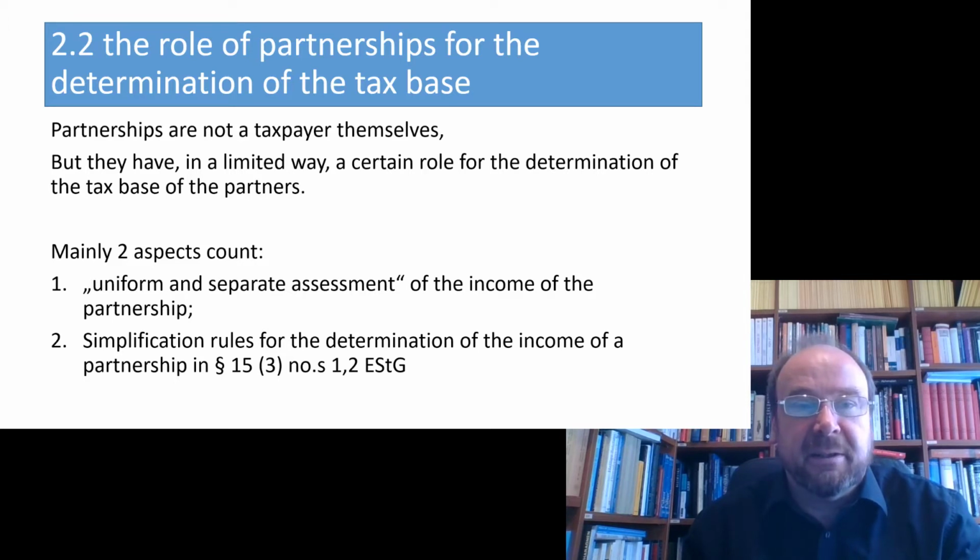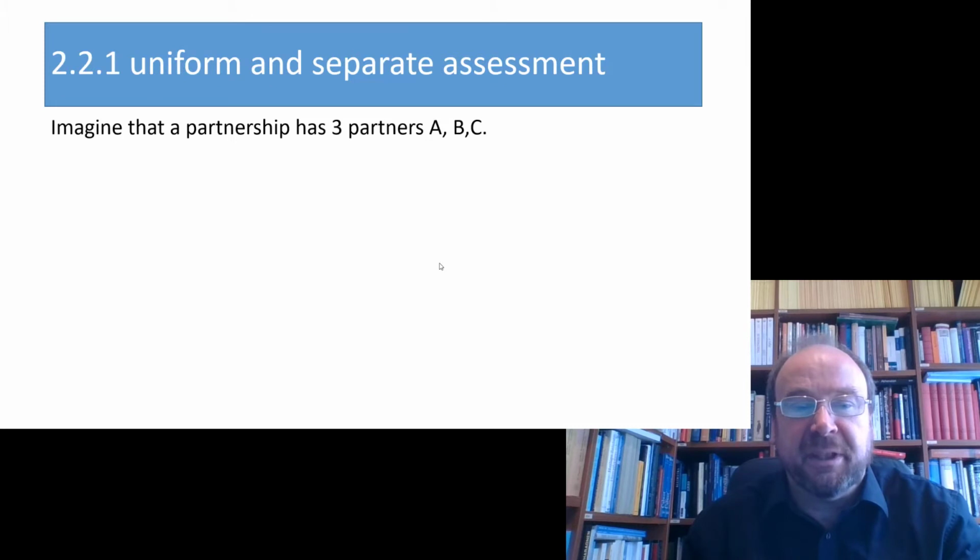These are especially and only for partnerships, and they are laid down in paragraph 15, section 3, numbers 1 and 2 EStG, the German Income Tax Act. Well, let's begin with the beginning. That's the first aspect which is important, the so-called uniform and separate assessment.